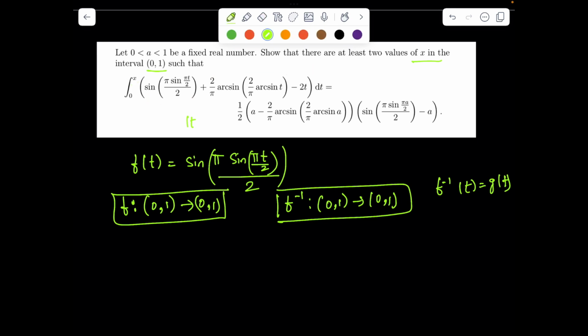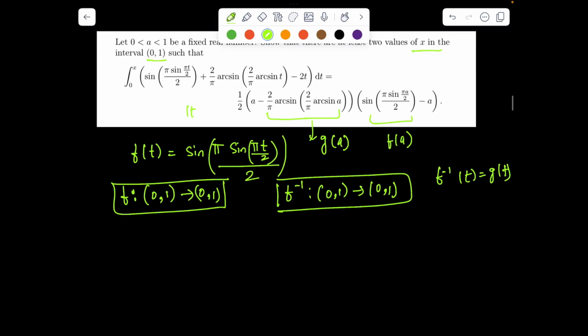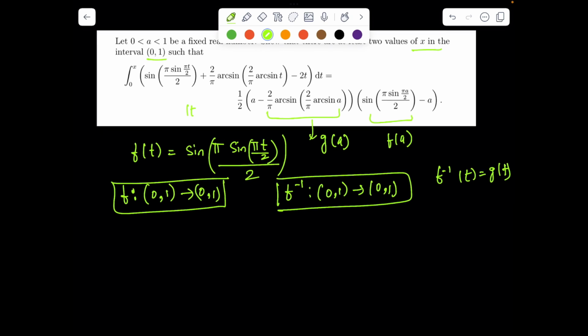Now you can again observe the RHS as well, because this expression is 2 by pi arc sine, the inverse is actually the same. So it's a value evaluated at g of a, and this quantity is nothing but f of a, if I define f of t and g of t in that fashion, right?